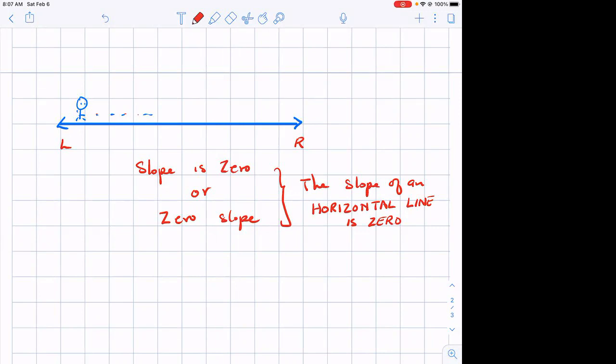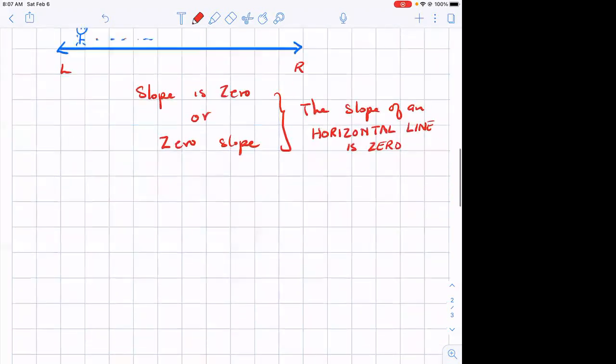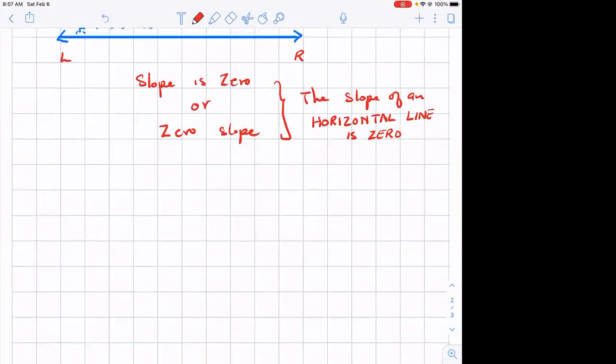Now, we can also define slope as the ratio of the vertical change to the horizontal change. So geometrically speaking, slope is the ratio.